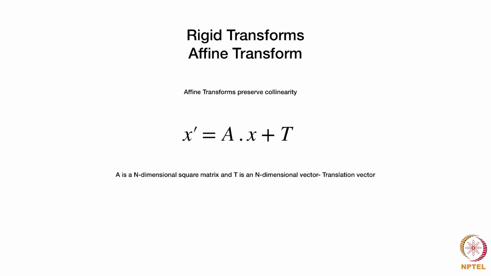This is the general expression for the transformation, x prime equal to A x plus t, where A is an n-dimensional square matrix and t is an n-dimensional vector, and this is the translational vector, one for every dimension of the image. And so the parameters are basically n cross n coefficients of the A plus the n components of the vector t, right?